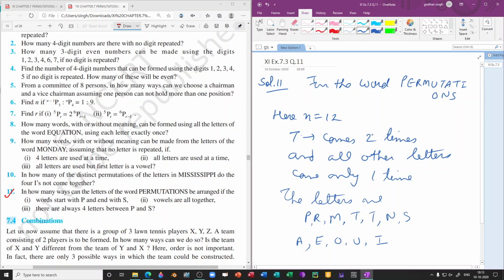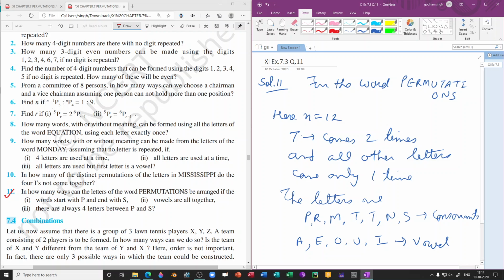So now, because A is a vowel, so this is a vowel, and these are consonants. Why we are writing that? Because we'll need them for second part. So now let us count out the letters 1, 2, 3, 4, 5, 6, 7, 8, 9, 10, 11, 12. So now our separation of consonant vowel is correct.